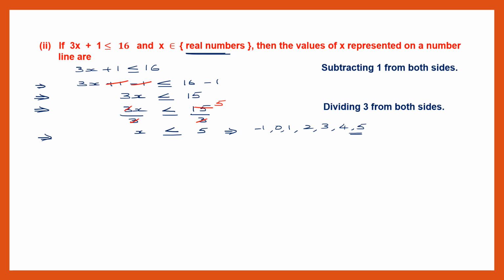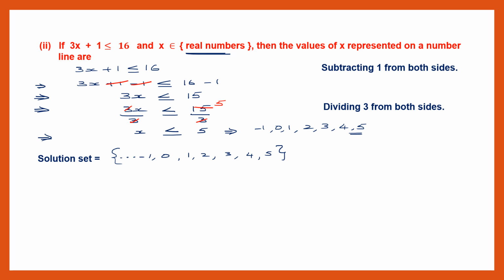It can include all the numbers in between also. So, what is our solution set? Our solution set will be minus 1, 0. Now, I can put dots here to mean that it's going to go on. Then I can write 1, 2, 3, 4 and 5 because it says less than or equal to 5. So these are all the elements in the solution set.